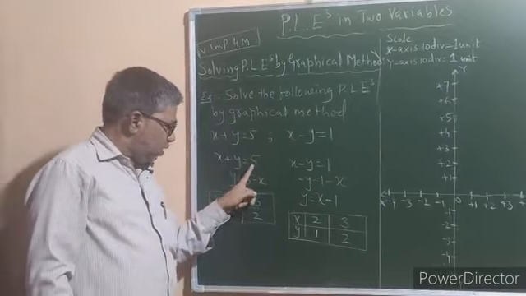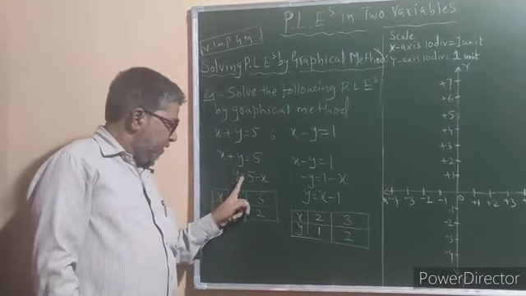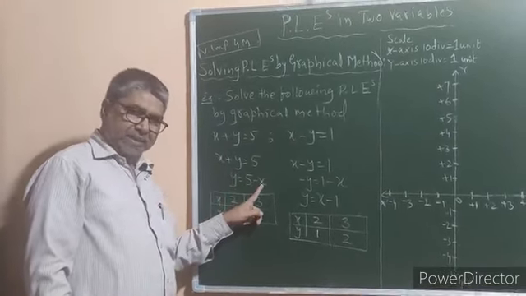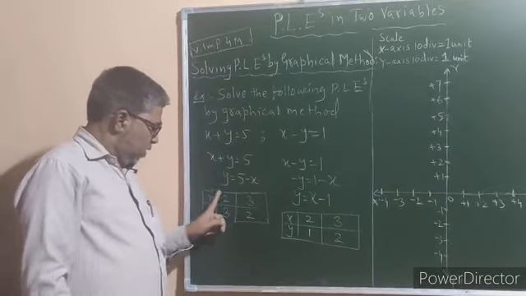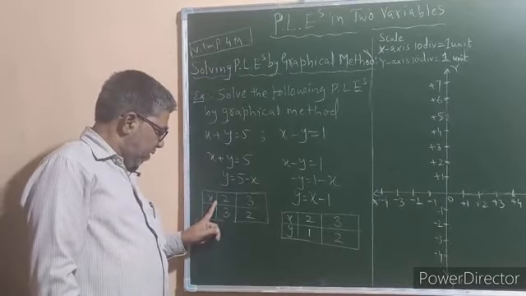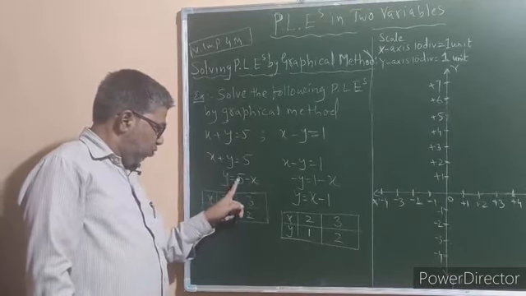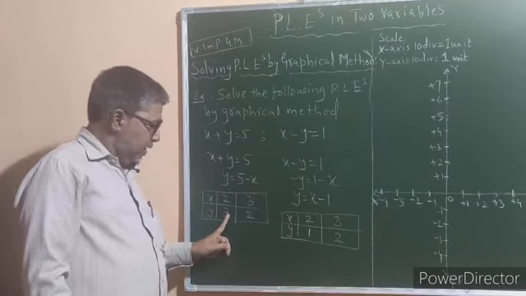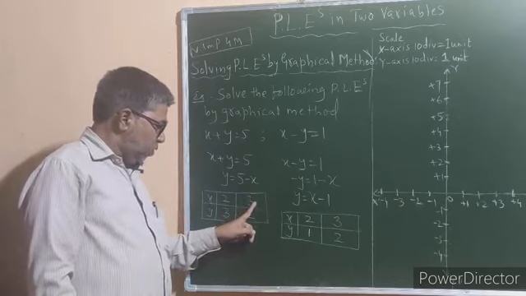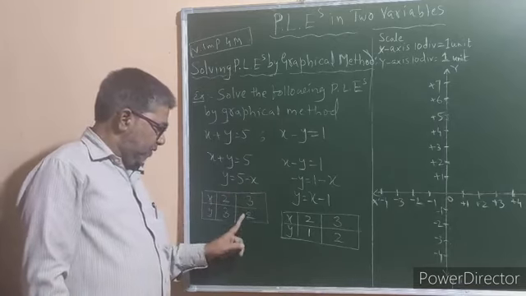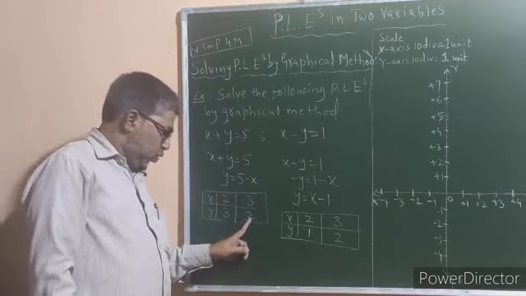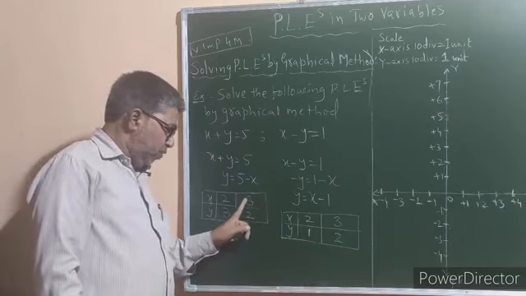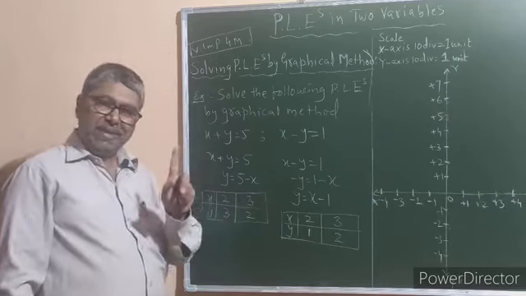Now x plus y is equal to 5, y is equal to 5 minus x, standard form. Now if you take the value of x as 2, 5 minus 2 will be 3, the value of y will be 3 here. If you go for x value as 3, 5 minus 3 is nothing but 2, and 2 is the value of y if you consider the value of x as 3.